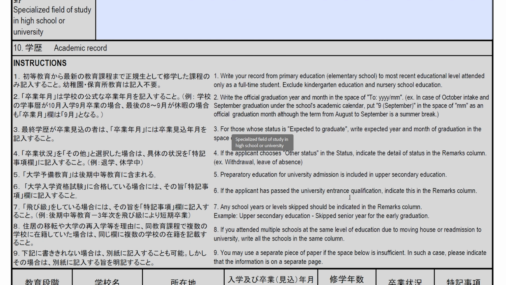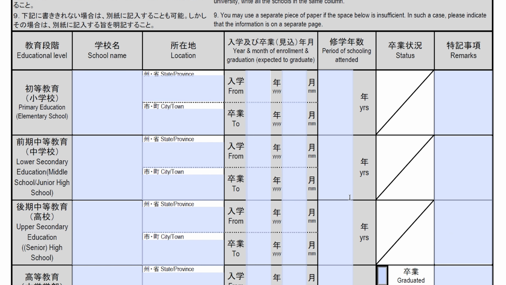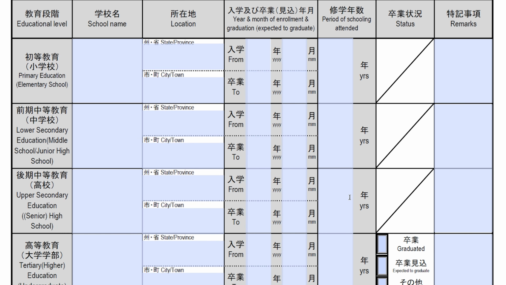All right. Next is your academic record. They will be very, very strict for you to record from your elementary or primary school until your tertiary level.